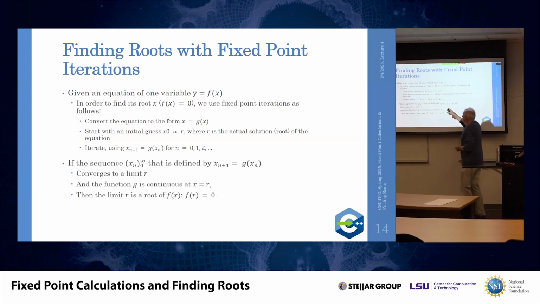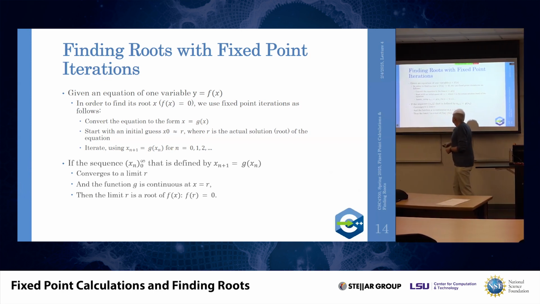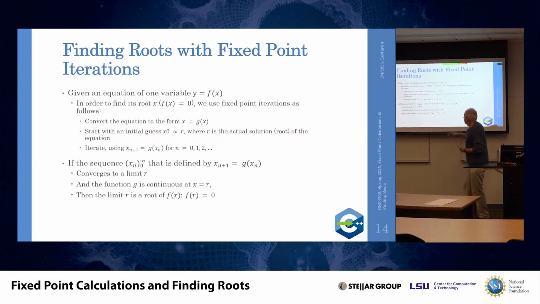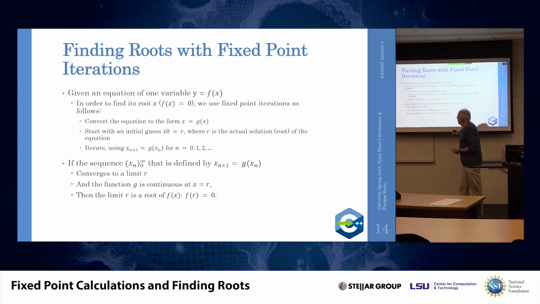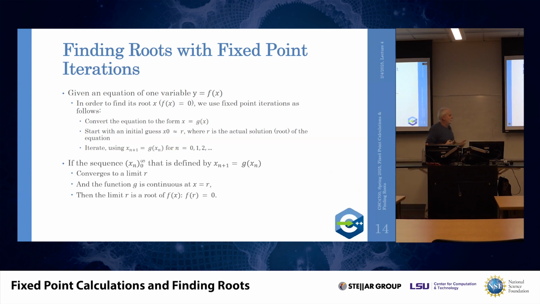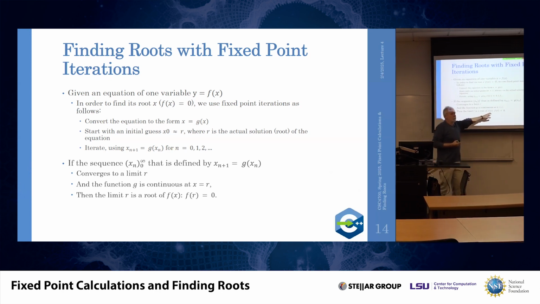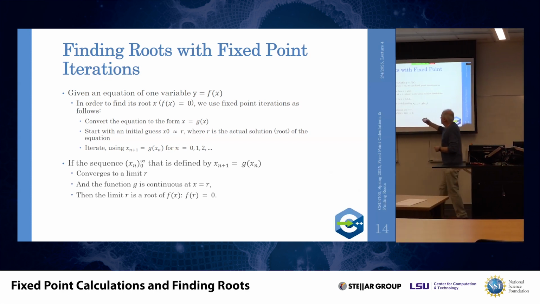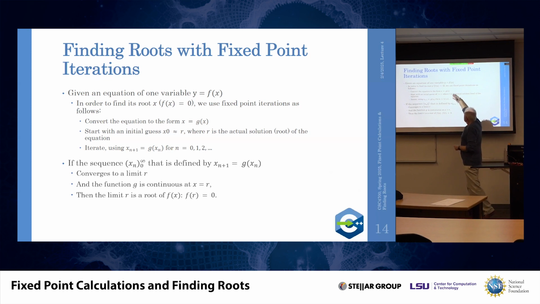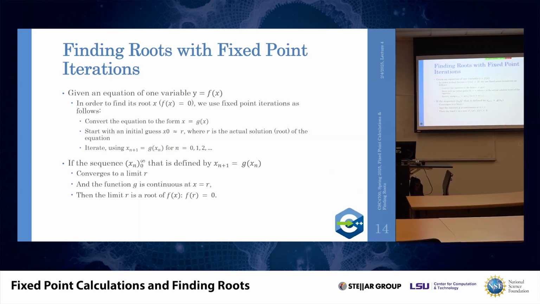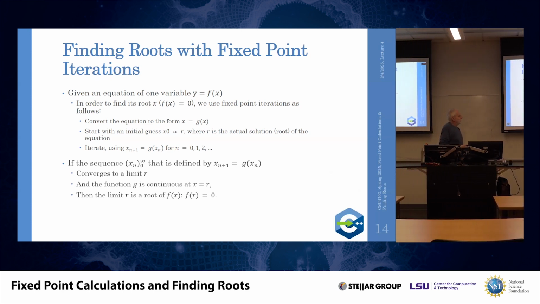If that sequence of numbers we get converges to a limit, let's call that limit r, and the function g is continuous at that point, then the limit r is the root of the original function we started off with. So we can use this transformation in order to find the value r, which makes f of x equal to 0. Okay, so let's try doing that.